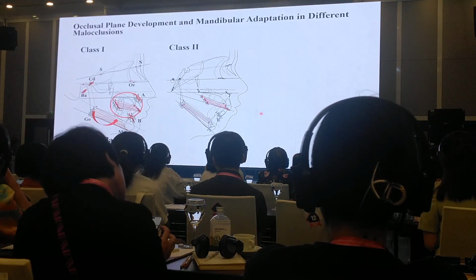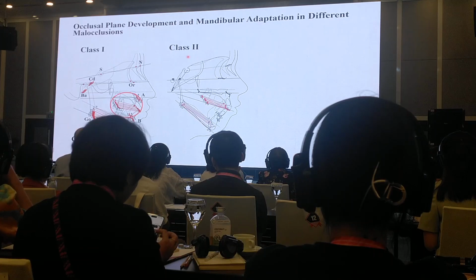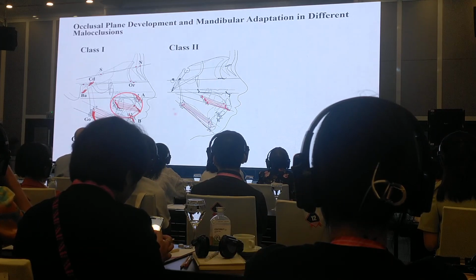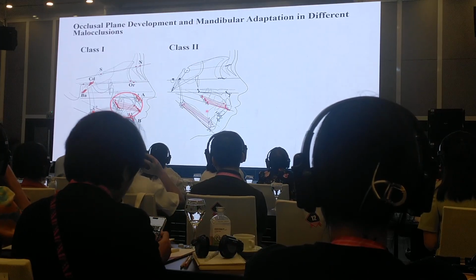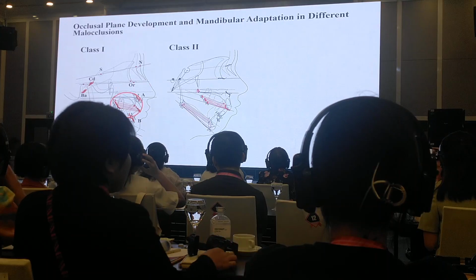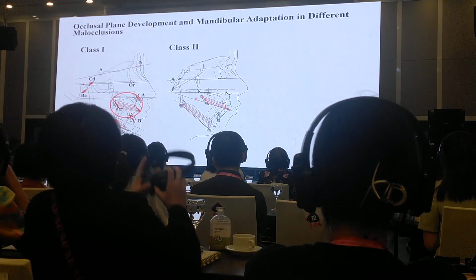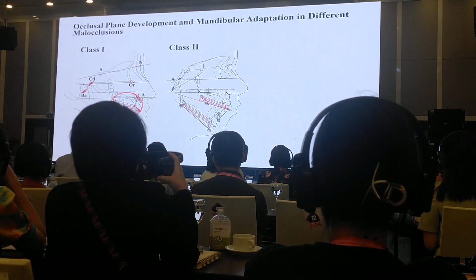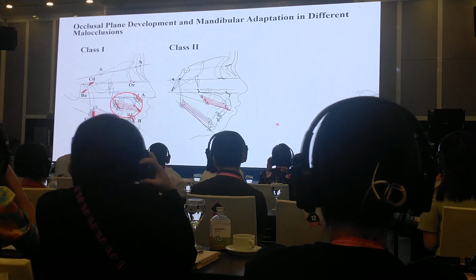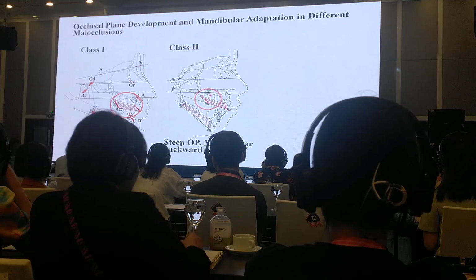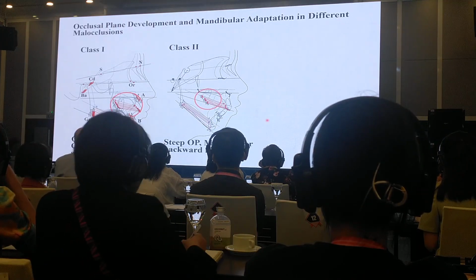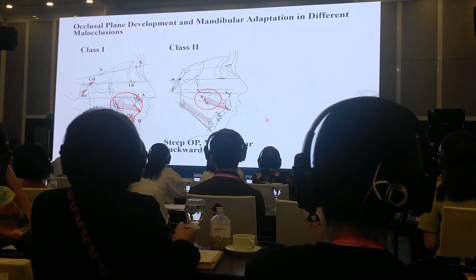If you look at the class 2, this is also a growth sample, a longitudinal sample, so a big difference from class 1. You see here the vertical dimension or occlusal plane is not like class 1. No increment of vertical dimension.